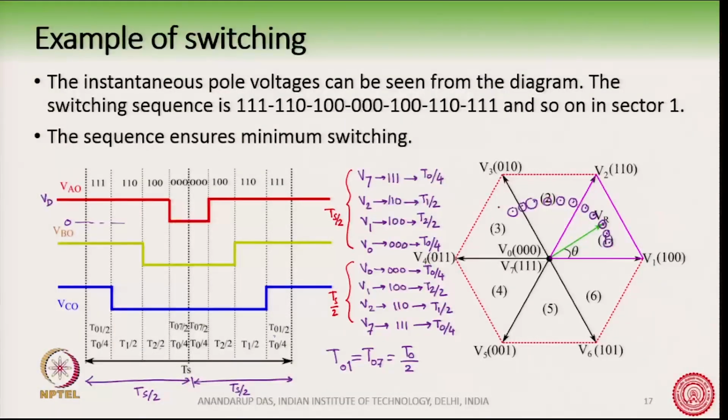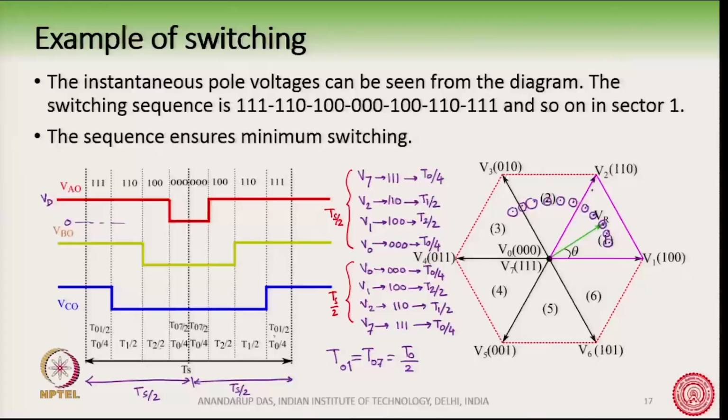Okay. The reference vector is rotating, for example, in a circle. So, this is the voltage which is getting impressed on the load. Okay. The load phase voltage space vector is this Vr which is rotating in a circle, and we are trying to realize this one using these samples.